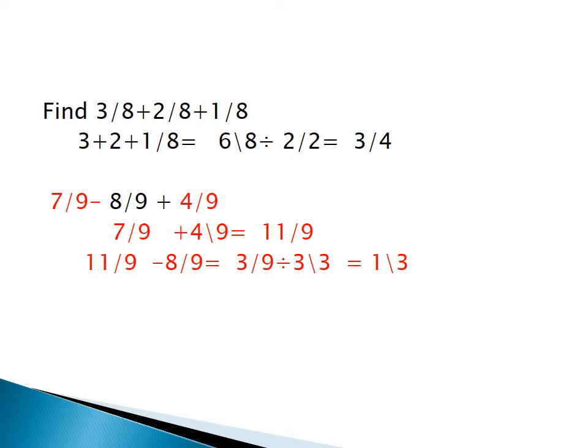If denominators are the same, we can add the numerators. Now we will add 3 plus 2 plus 1. 3 plus 2 is 5, plus 1 is 6. Answer is 6 by 8.